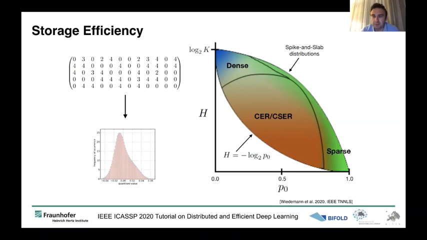But in the area in between, where you have a lot of weight sharing, where we don't have just one number, 0, which is very, very frequent, so you don't have the sparsity property but you have many shared values, then our format is the best one.